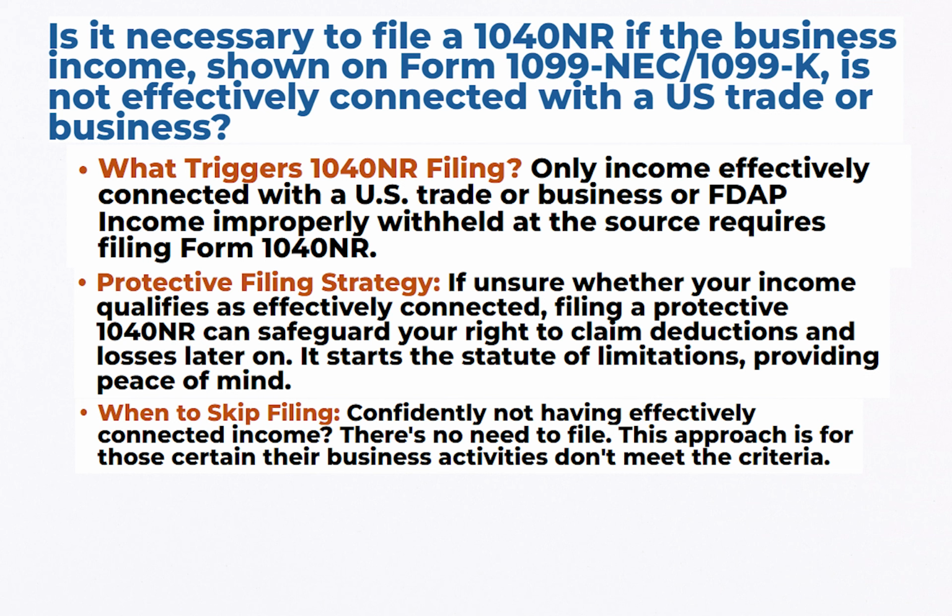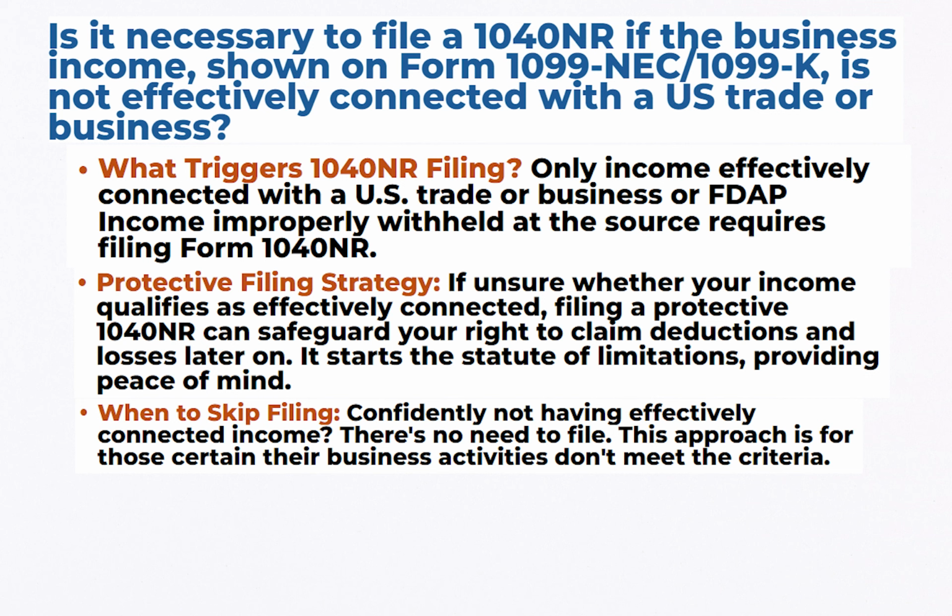If you confidently know that the kind of activities you are engaging in are not effectively connected to a U.S. trade or business, then there's no need to file, okay? So this approach is for those business owners, or foreign persons, who think their business activities do not meet the criteria. So what types of businesses are not effectively connected to a U.S. trade or business?